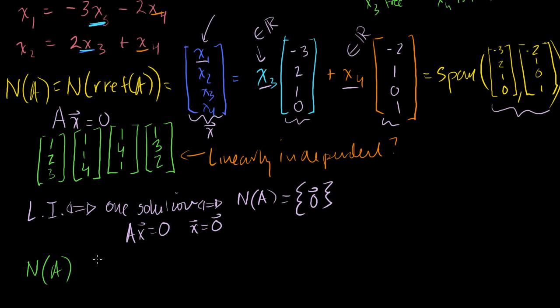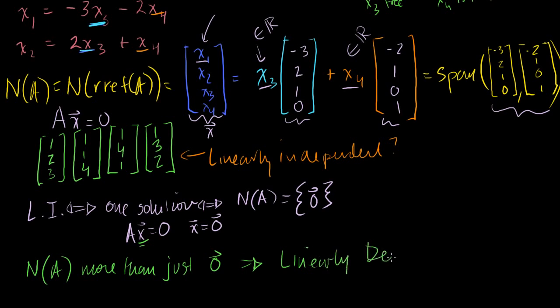It has more than just 0. So what does that mean? Well, that means that there's more than one solution to this, and that means that this is a linearly dependent set.